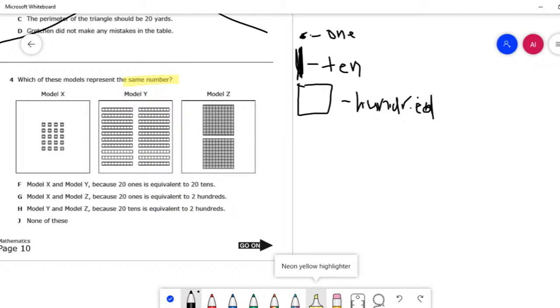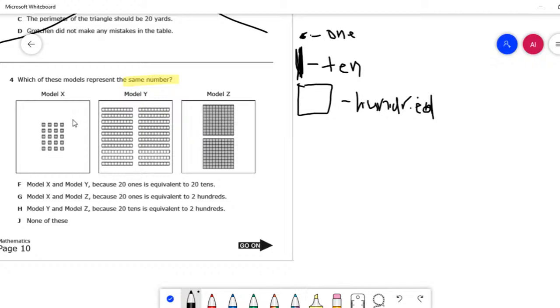And additionally, in the future, you might even see cubes, and each one of those represents 1,000. But in this problem, we will not be talking about those. And let's start figuring out the value of each of these numbers using this.